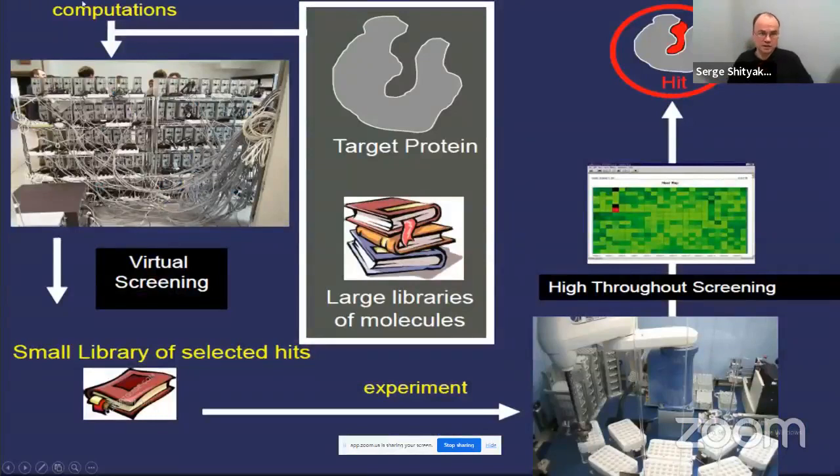This is again some kind of robotics facility I would like to show here. We are starting from high performance computing down the hill to the experiment. We have an in vitro robotic facility, and from this robotic facility we will come up to the hit molecule. Of course, we are relying on large libraries of molecules and sometimes libraries of target proteins we would like to analyze.